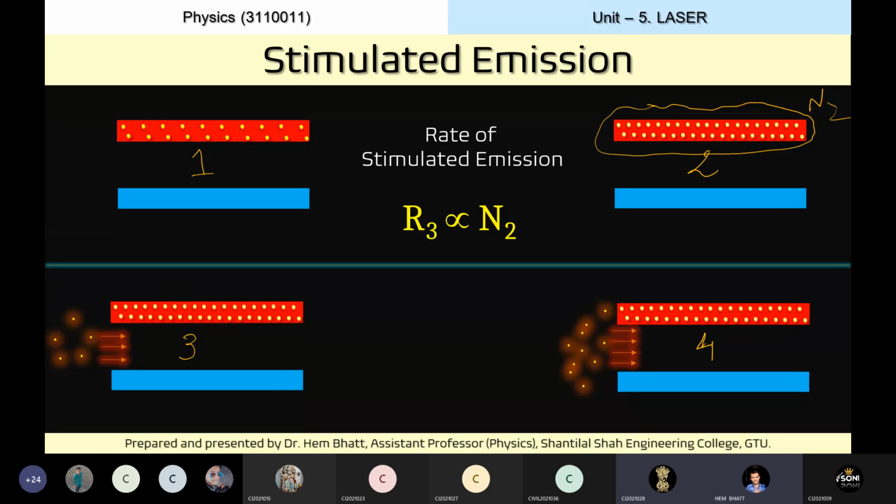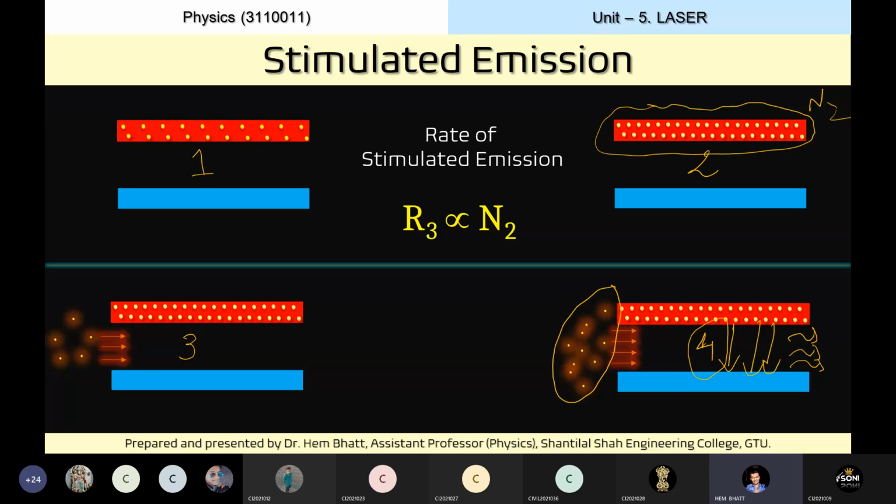The number of photons is more in 4. So in which will there be more stimulated emission? In 4. In this case, you are sending more photons, so more electrons will fall down, and as a result you will get so many photons. So stimulated emission will be more in this case.